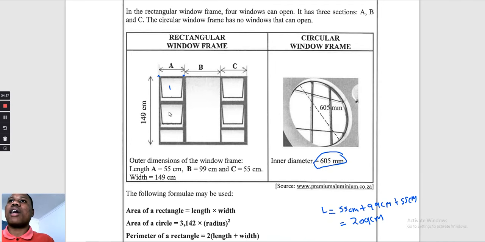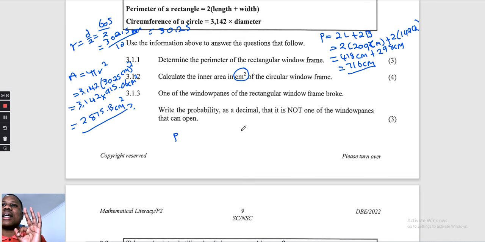We have 1, 2, 3, 4, 5, 6, 7. So we have 7 window panes. The ones that cannot open: this one, this one, and this one. So we have 3 window panes that cannot open, meaning our probability is 3/7.